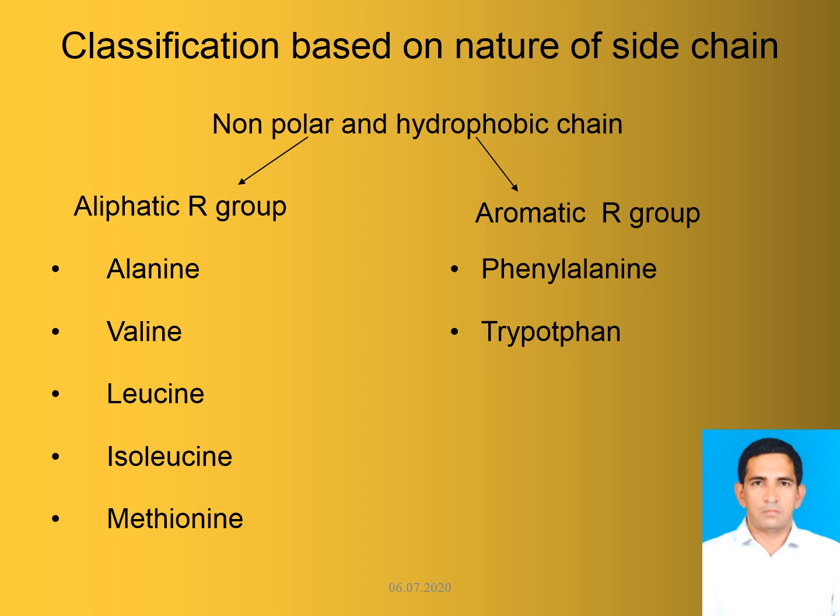Aliphatic R groups are nonpolar and hydrophobic. Hydrophobicity increases with increasing number of C atoms in the hydrocarbon chain. Although these amino acids prefer to remain inside protein molecules, alanine and glycine are ambivalent, meaning that they can be inside or outside the protein molecule.